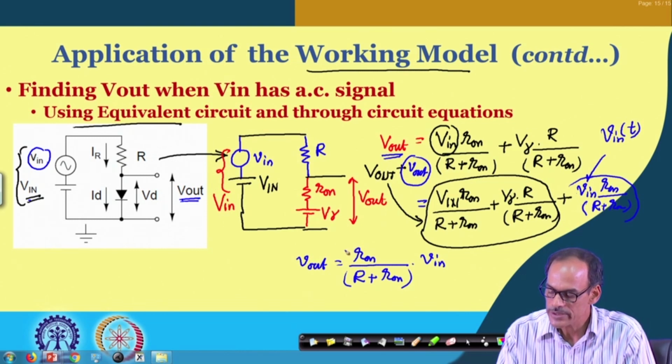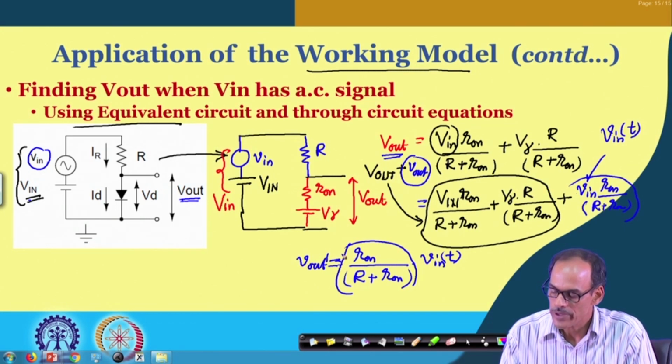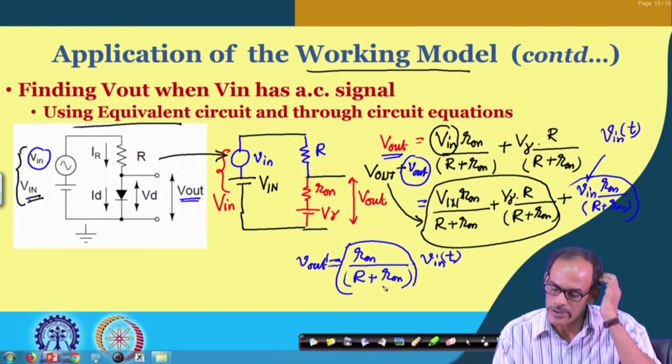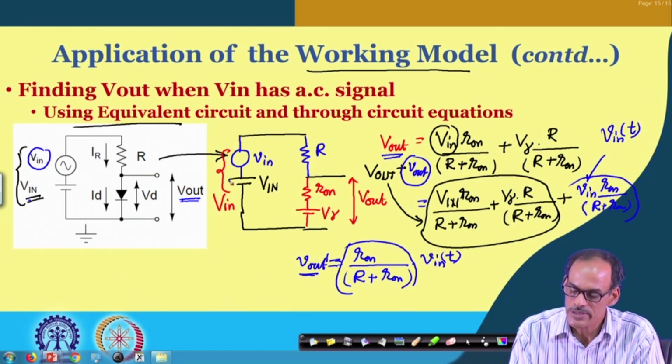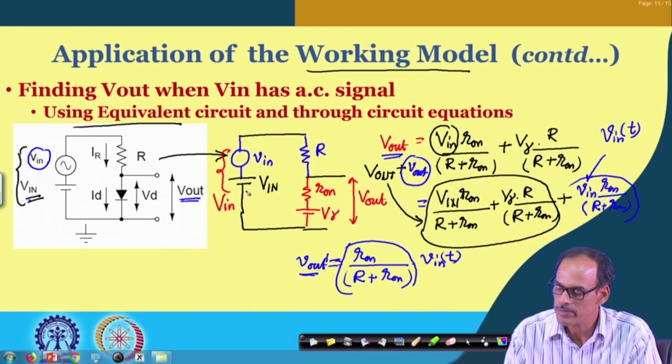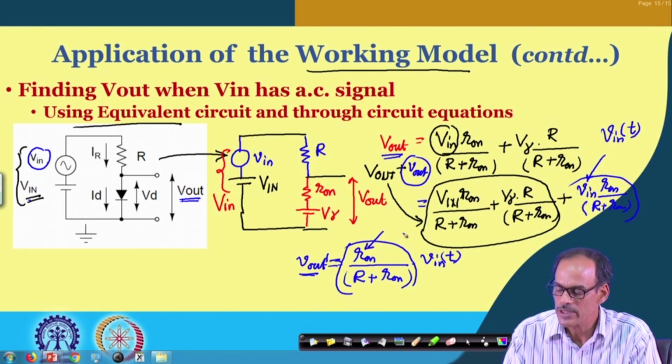So, you may say that this part is the transfer function of the system, which is transforming this input, maybe in time domain, to the output, also maybe in time domain, but whatever it is, the signal gets reflected to the output. And if you are not changing this operating point, the corresponding R on practically remains constant.